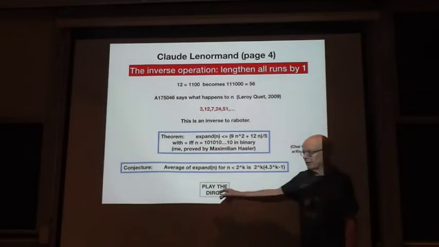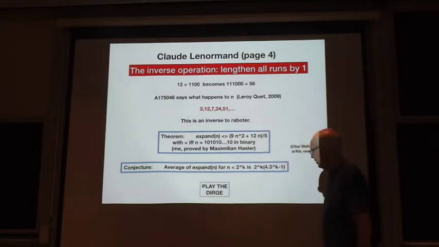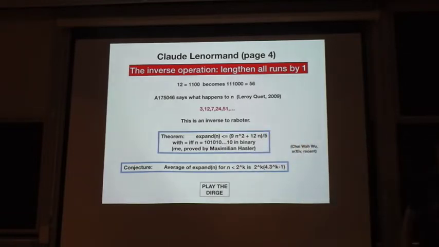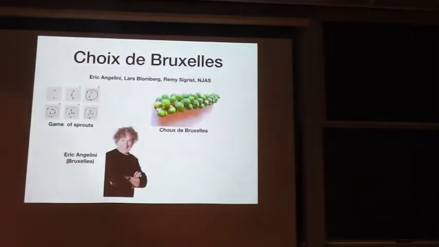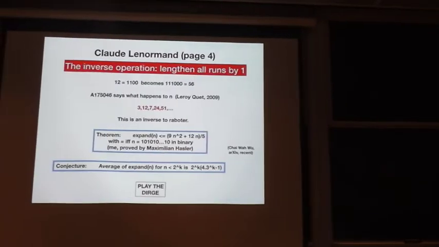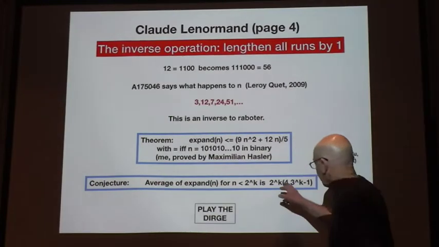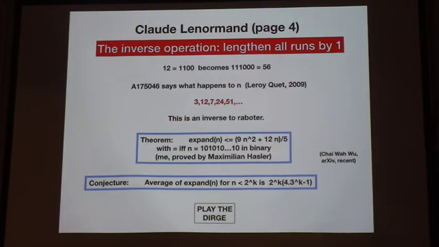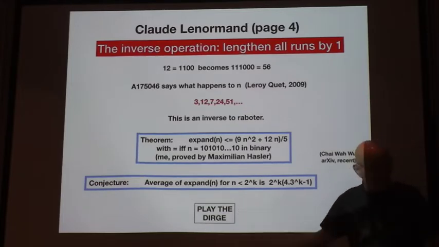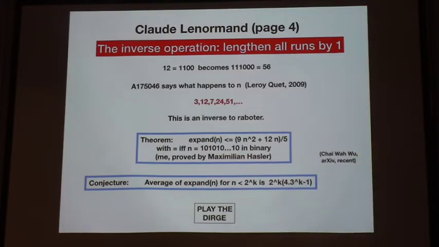So that's an exact formula, an exact conjecture. Then, if I had a better setup, louder speakers, I would now play the dirge, but I played it at the beginning.